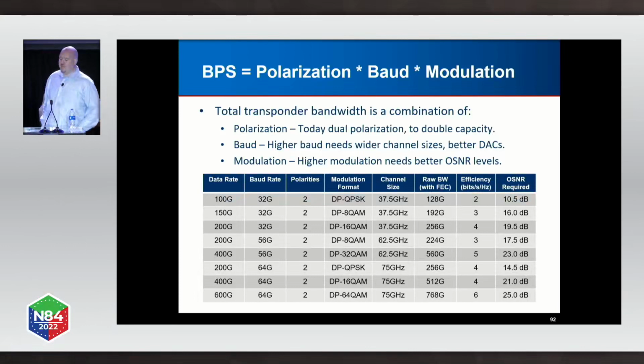So here's an example of very basic stuff that is still absolutely out there all over the world: 100 gig in what's called DP-QPSK. You go buy a 100 gig Lambda, and it's not like a new modern system is probably running this. This is a 32 gigabaud system with QPSK, which is getting you 2 bits per hertz, and it requires a 37.5 gigahertz system.